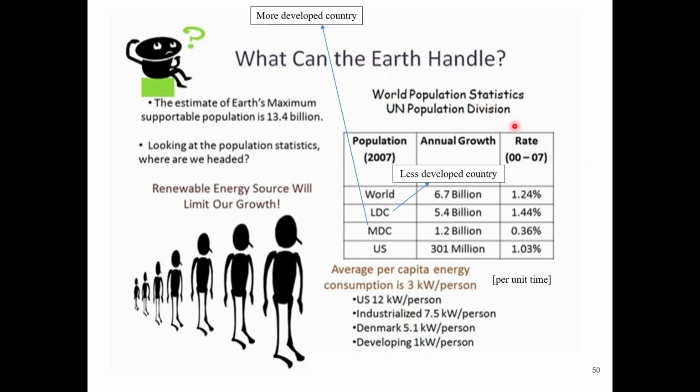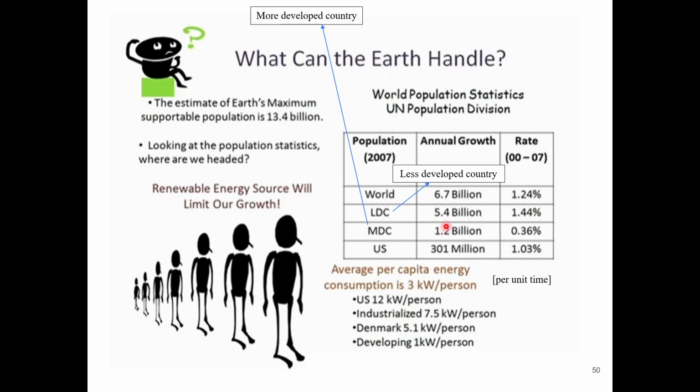World population statistics, from the UN Population Division. As per 2007 data, the whole world's population was 6.7 billion. Out of that, 5.4 billion came from the LDC, the less developed countries, with a growth rate of 1.44%, which was higher than the world growth rate of 1.24% between 2000 and 2007.